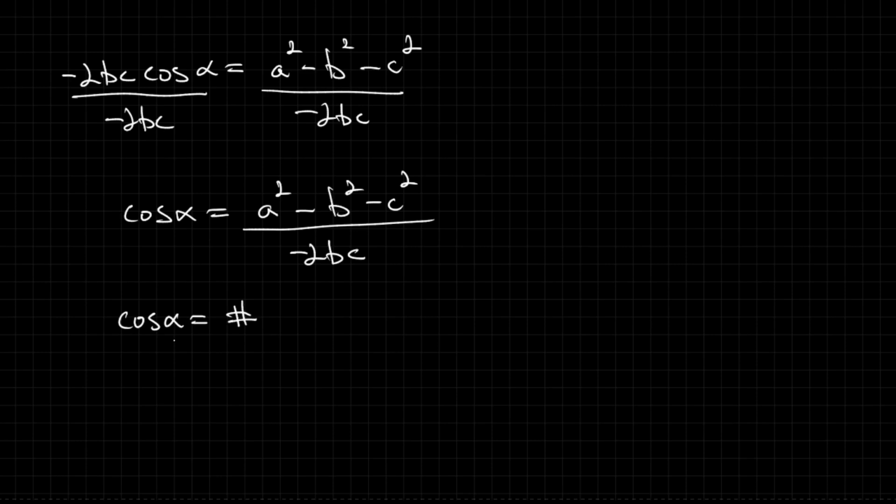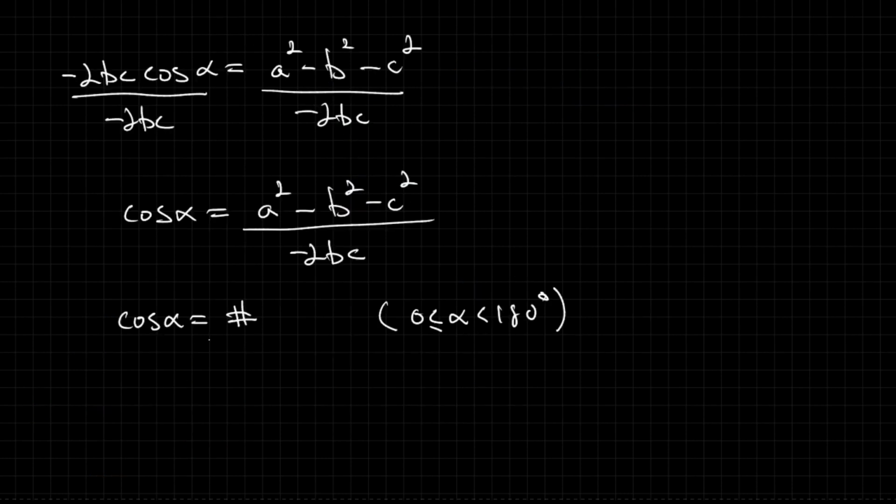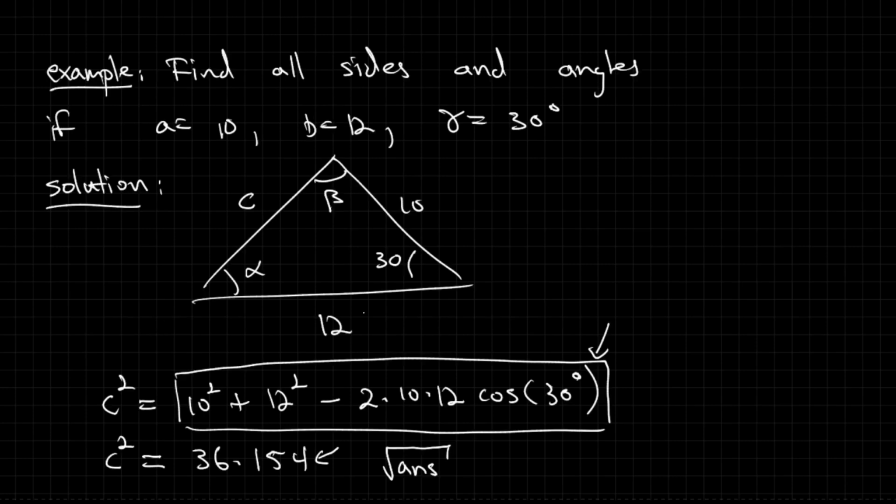So what I'm going to be left with here is cosine alpha equals some number. And also keep in mind that alpha has to be between 0 and 180 degrees because it's an angle of a triangle. If you have an angle of a triangle, alpha, then we know that the sum of those 3 angles together needs to be 180 degrees. So there's no way that alpha could be larger than 180 degrees. That number is, well, let's see, 10 was A, B was 12, I believe.